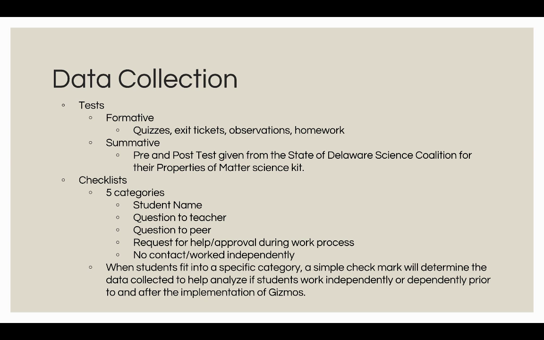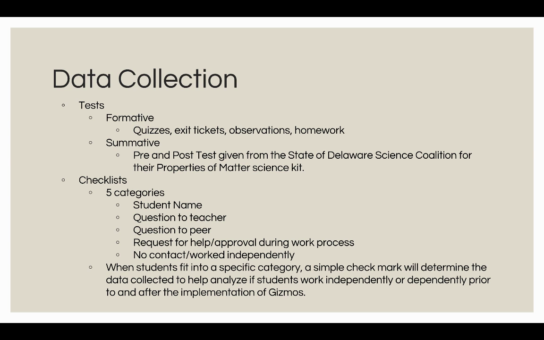I'll check their independence through checklists, and on the checklist there will be 5 categories. It'll say student name, question to the teacher, question to peer, request for help or approval during the work process, and then no contact or worked independently. So as I watch and observe my students working with the implementation or the non-implementation of Gizmos, I will check off next to the student's name whether they asked a question to me, a question to the peer, any request for help or approval, such as "is this correct, am I doing the right thing," or whether they say nothing at all.